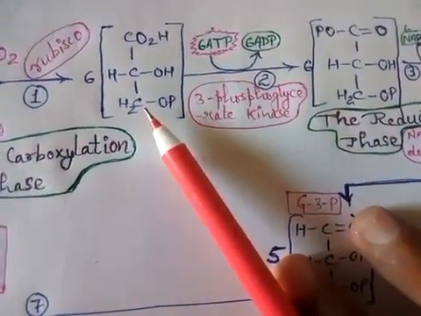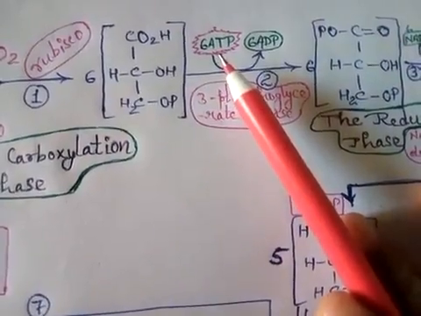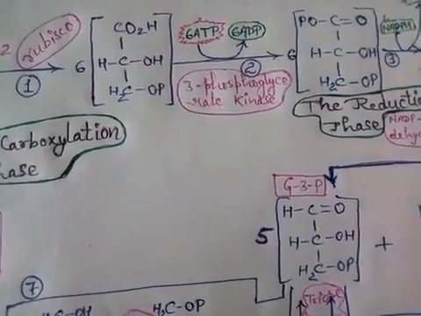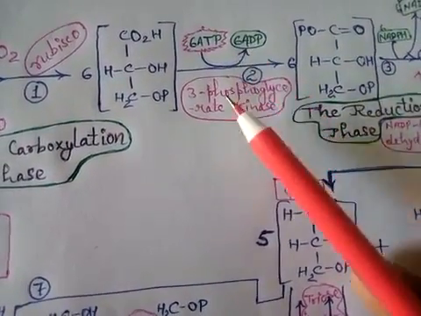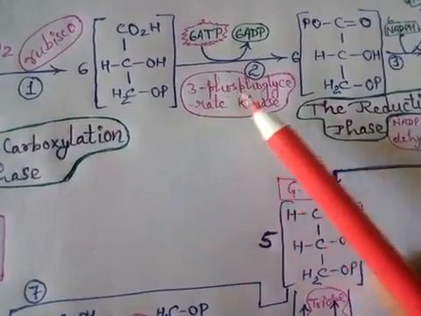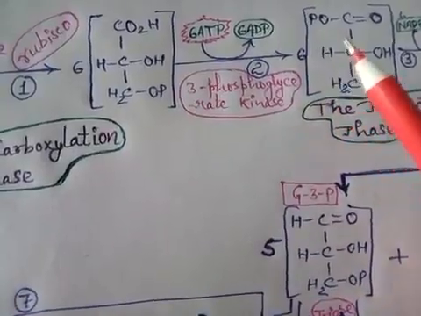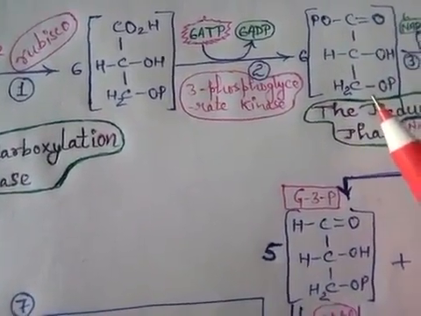6 molecules of 3-phosphoglycerate, at the expenditure of 6 ATP, here ATP means energy, is utilized in this reduction phase. At the expense of 6 ATP, in the presence of 3-phosphoglycerate kinase, it is converted into 1,3-bisphosphoglycerate.